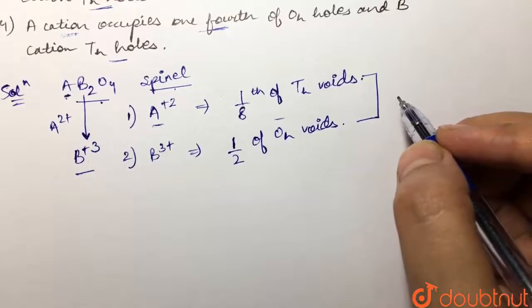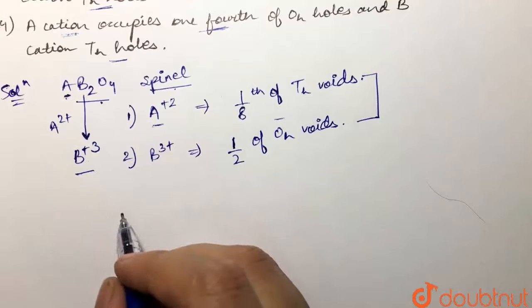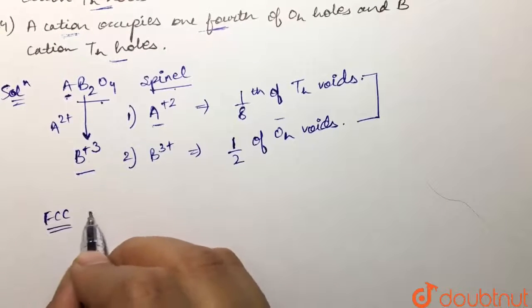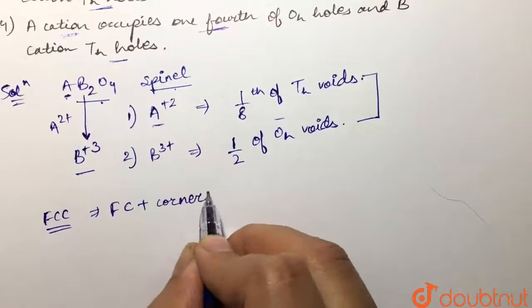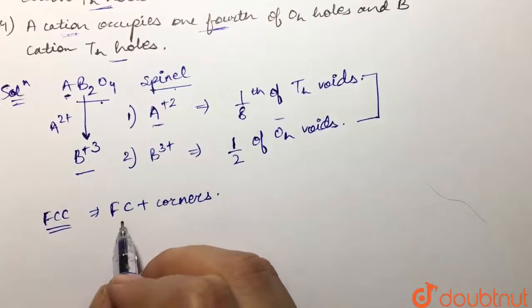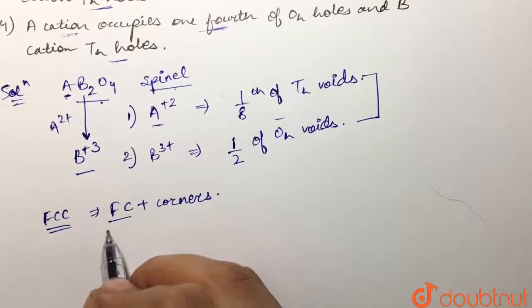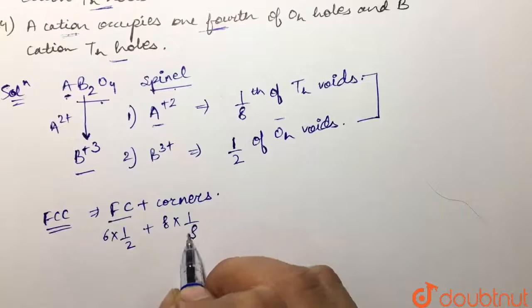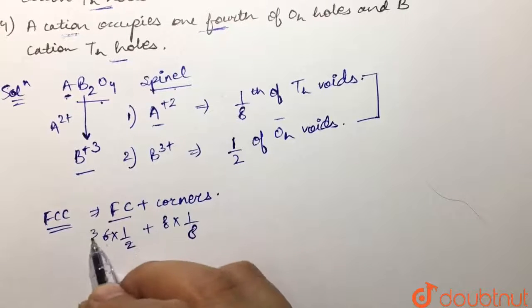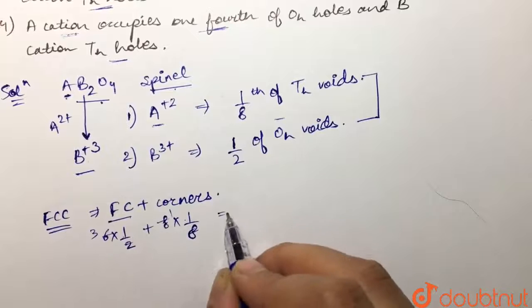Now we are given that we have an FCC lattice unit cell, right? So FCC means we have atoms present at face centers plus at corners. Face centers are 6 in number and each has a contribution of 1/2. We have 8 corners, each has a contribution of 1/8. So this is going to be 3, this is going to be 1. So this would be 3 plus 1, which is equal to 4.